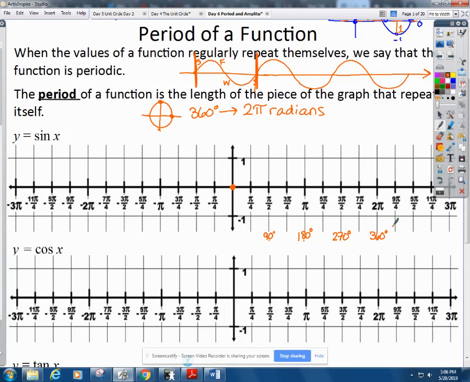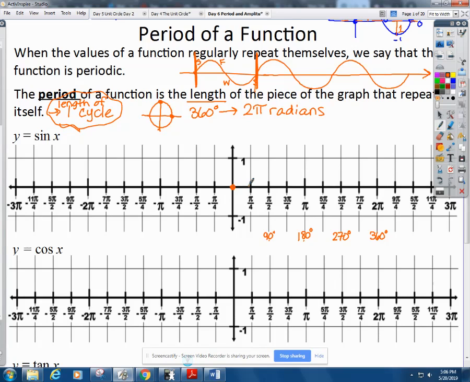And then the graph would repeat. So if we just graph one period of the function, that means one cycle of the function. Make sure you know period is the length of one cycle.